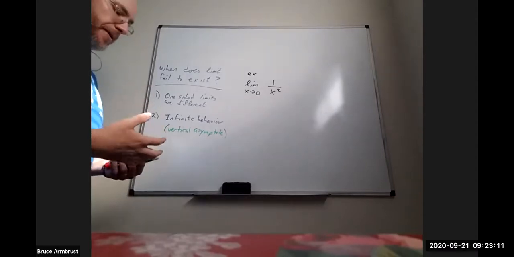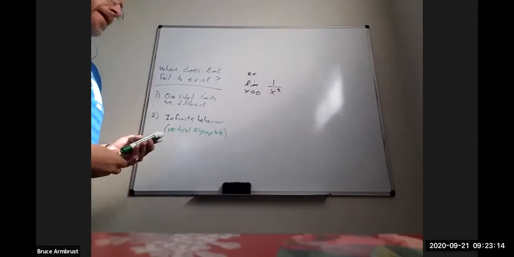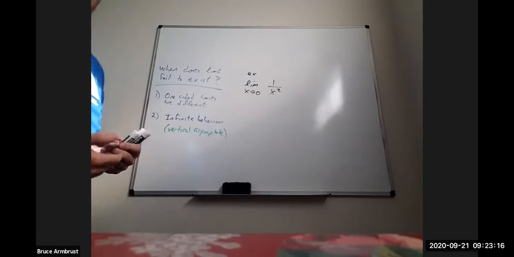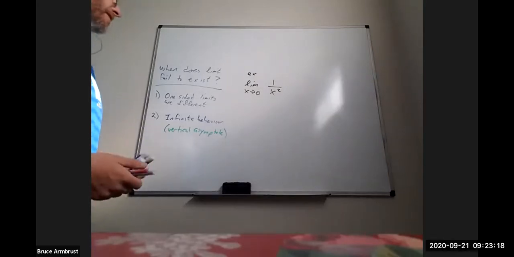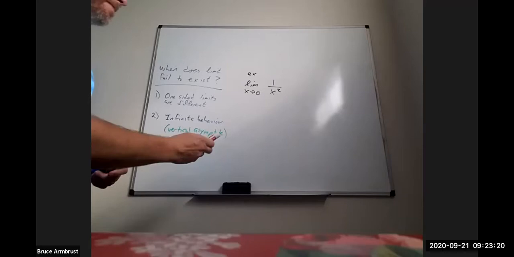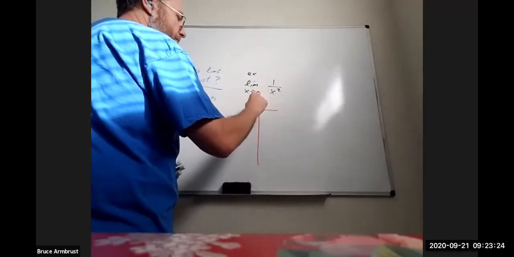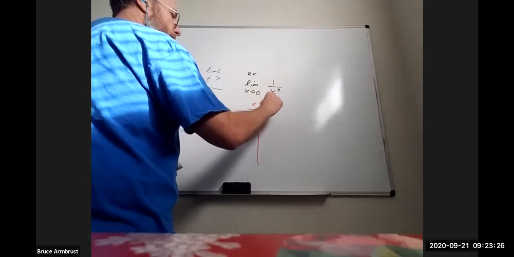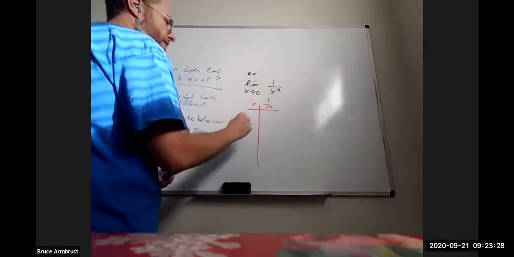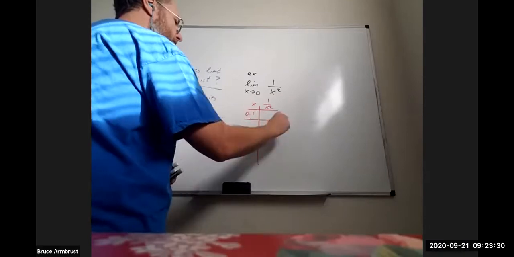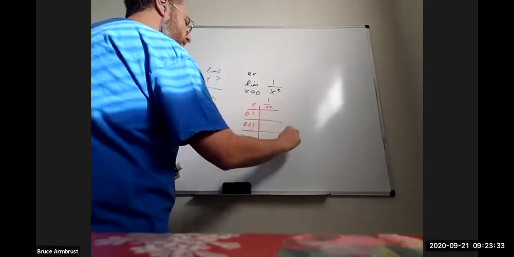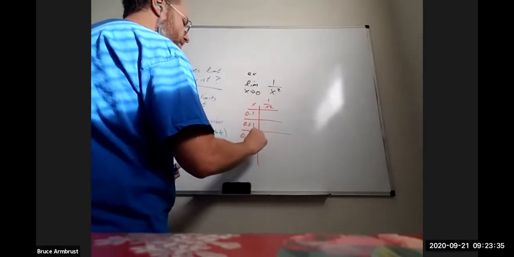Let me show you what happens numerically, and then graphically, so you can see this infinite behavior. Let's start by plugging in numbers very close to 0 and seeing what comes out. We'll put in 0.1, 0.01, 0.001.